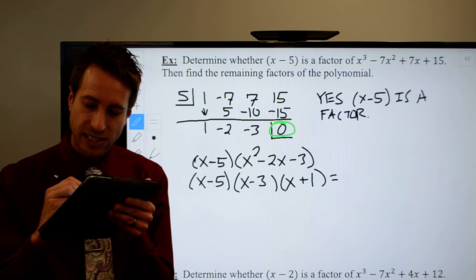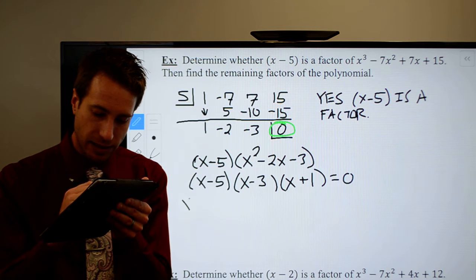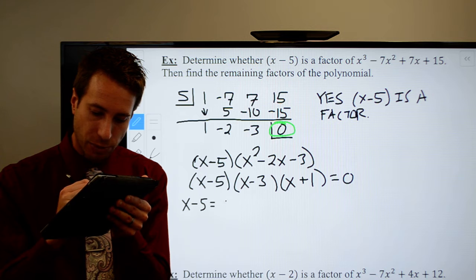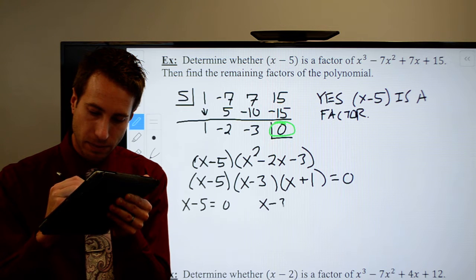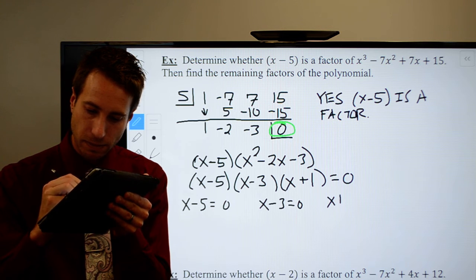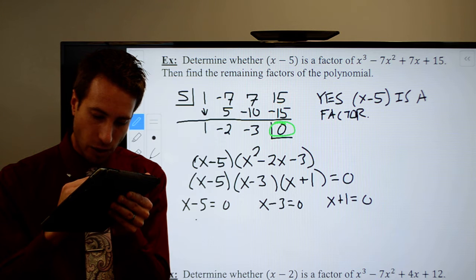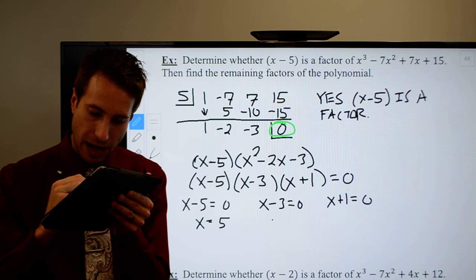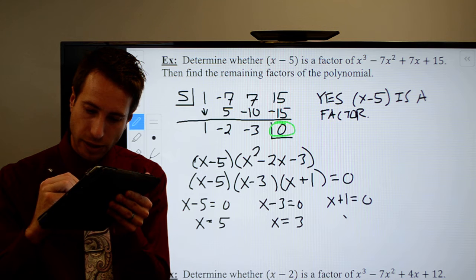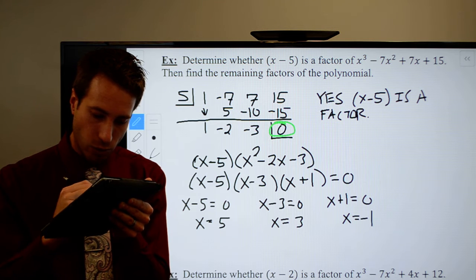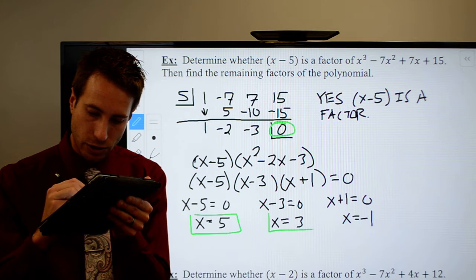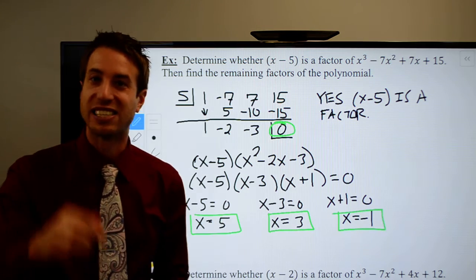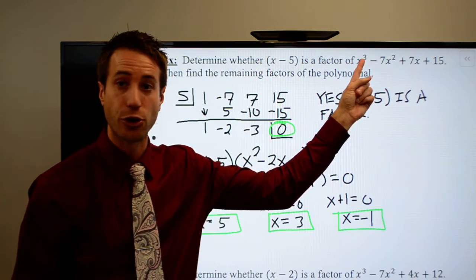Again, if you were to set this equal to 0, the zero product property will split them up and solve. X equals 5, x equals 3, and x equals minus 1. 1, 2, 3. We said at the beginning the degree was a third-degree polynomial.